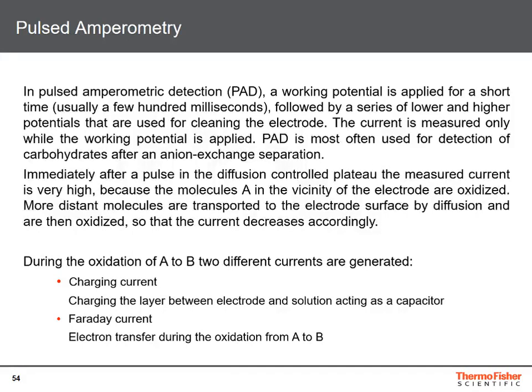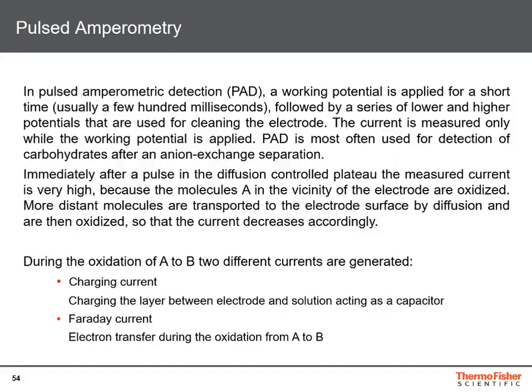Immediately after the pulse in the diffusion controlled plateau area, the measured current is very high because the molecules A in the vicinity of the electrodes are immediately oxidized. More distant molecules are transported to the electrode surface by diffusion and are then oxidized so that the current decreases accordingly.